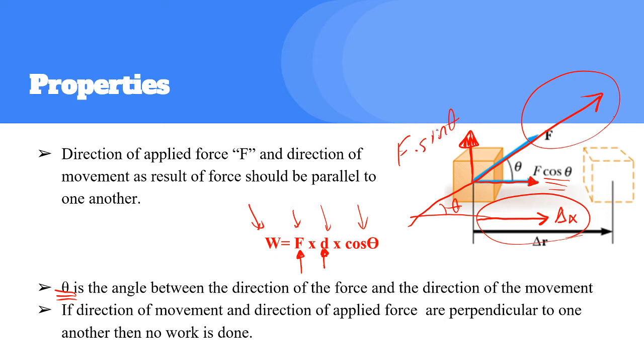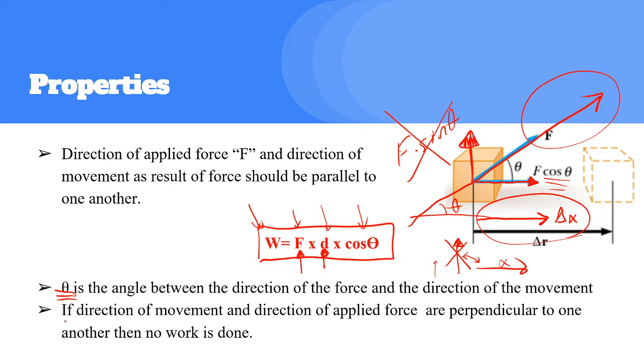Basically, this is doing no work because the displacement is going in that direction, but the force that you apply is in this direction, so those two vectors have nothing in common. So this force is basically doing no work because no displacement is happening in the direction of the force applied. Alright, so that's why we are using force, displacement, and cosine theta to calculate the work.